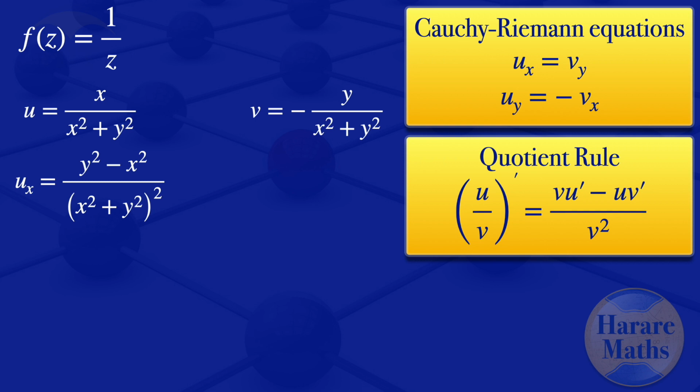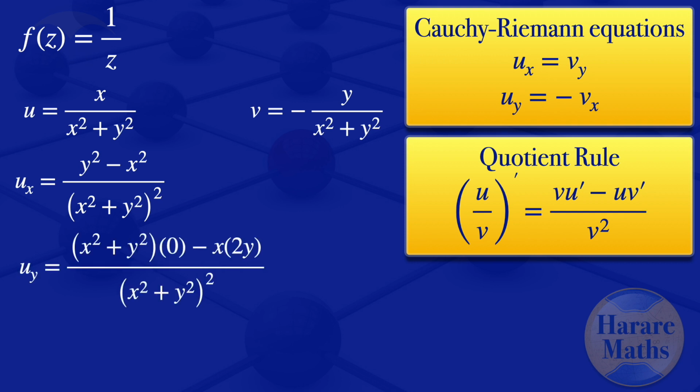I'll now go on and evaluate the partial derivative of u with respect to y. For this, I'll use the quotient rule again. Now I'm taking this to be my u and this to be my v, and differentiating with respect to y, treating x as if it's a constant, and we would have x squared plus y squared times 0 minus x times 2y, divided by x squared plus y squared, squared.